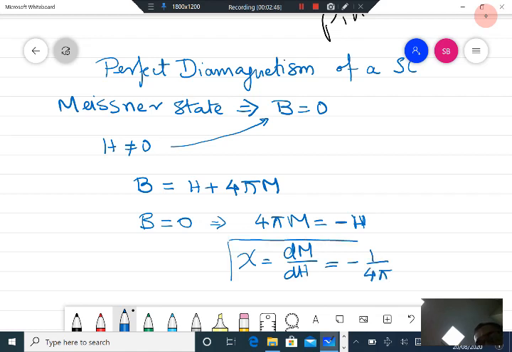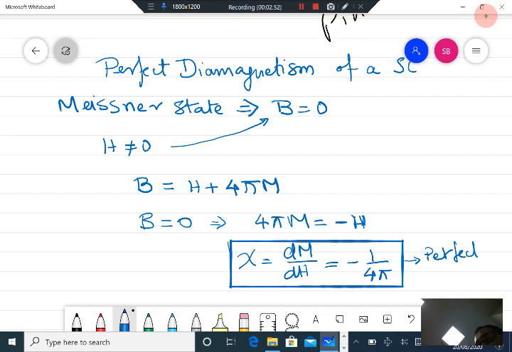This is the characteristic signature of a perfect diamagnet. This means perfect diamagnetism: if your susceptibility is minus 1, then you have perfect diamagnetism.